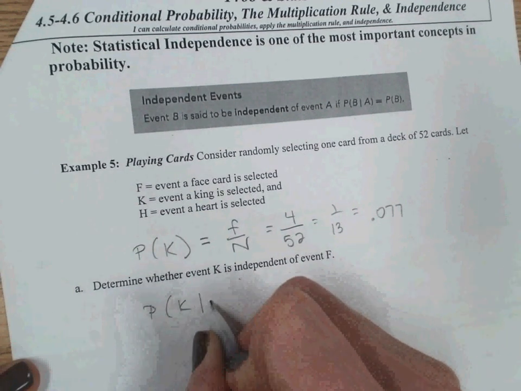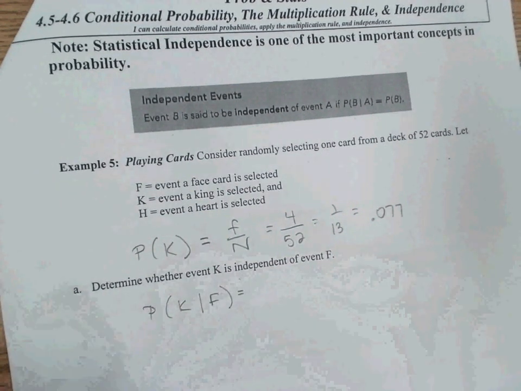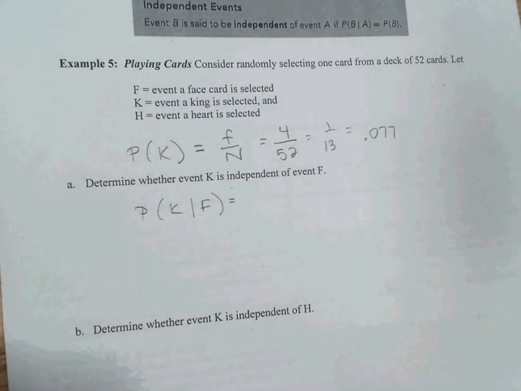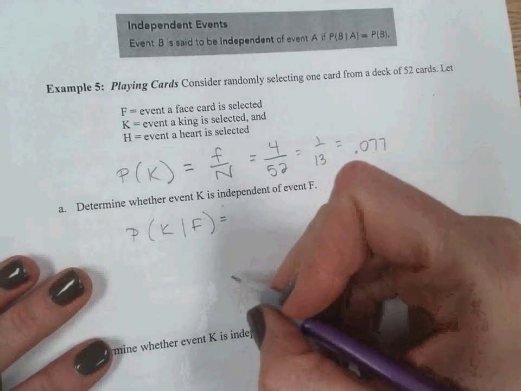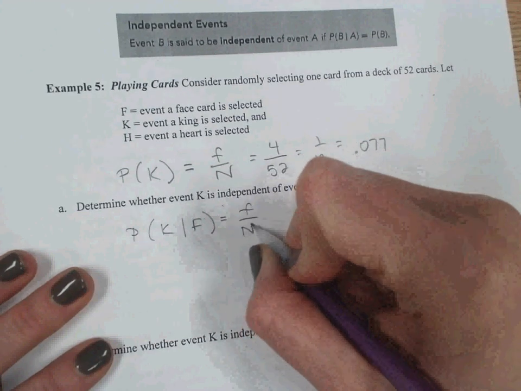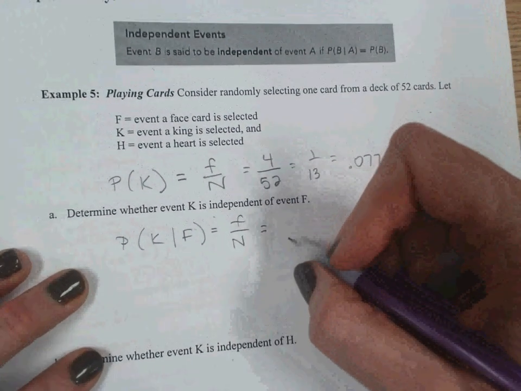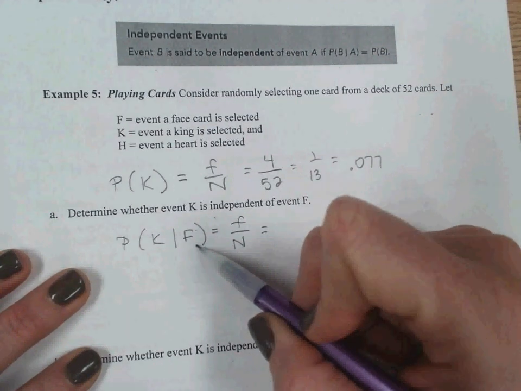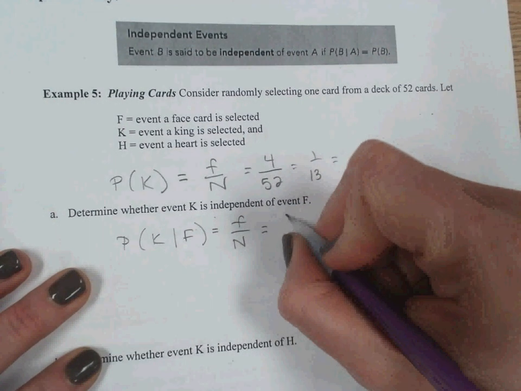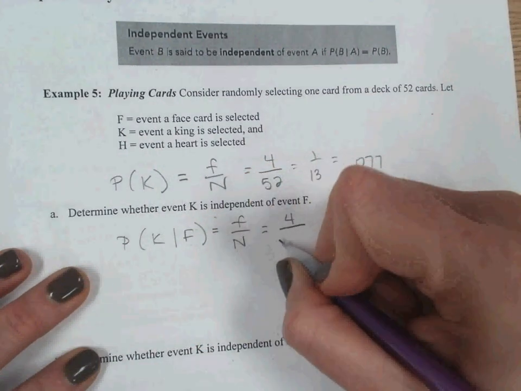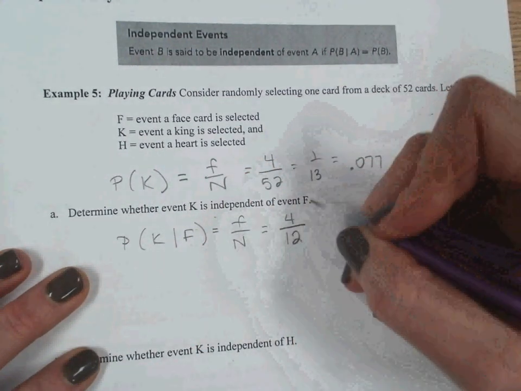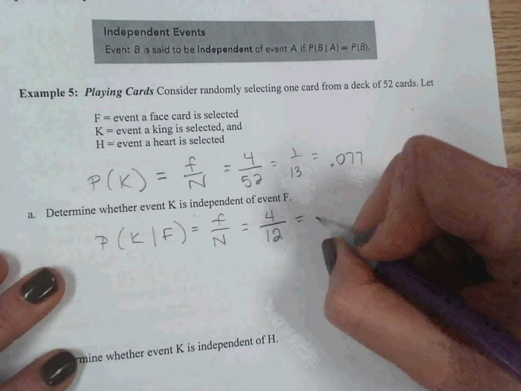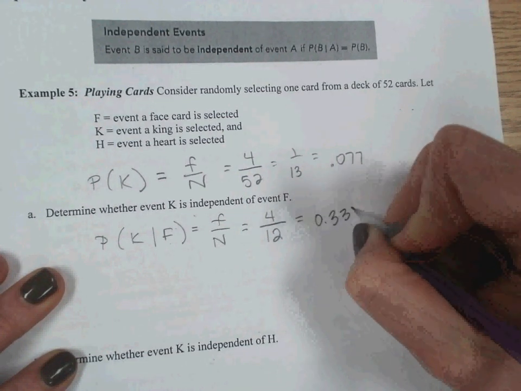So let's look at the probability of K given F happens. Now if this number ends up being 0.077, we know the two events are independent. So given that we have a face card, what are the chances that it is a king? Still 4 kings, but now the number of possibilities is 12, since we are only looking at face cards.